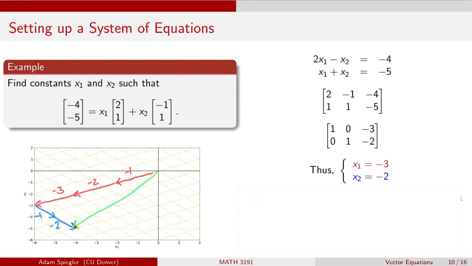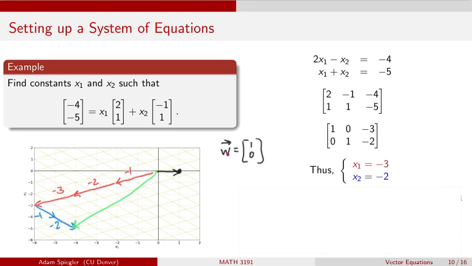So if I want to wind up at -4, -5, I can go in this direction 2, 1, -3 times, and then I can go in the direction -1, 1, -2 times, and that's going to put me at the same endpoint over here. So there's another way to see why x1 is equal to -3 and x2 is equal to -2.